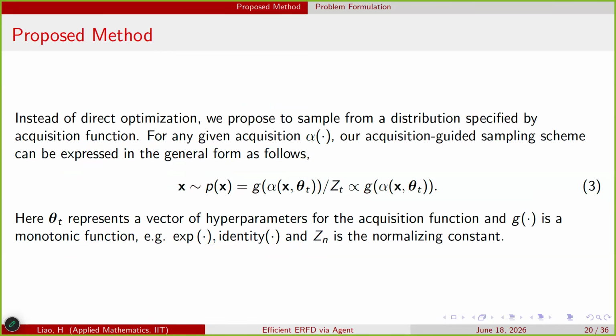And for the proposed distribution, we consider the current acquisition function. We also propose some new acquisition functions. But the main idea is, if we are trying to optimize the acquisition function, then we want a point to be more likely to be sampled if it has a higher acquisition value. So we can use this kind of performance or observations to design the sampling distribution.